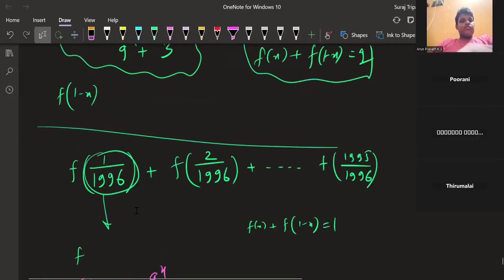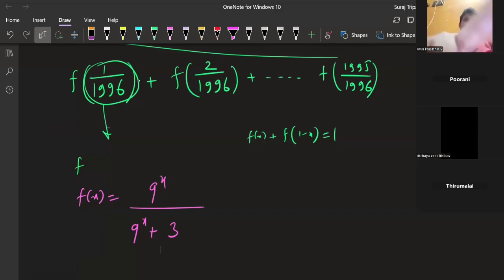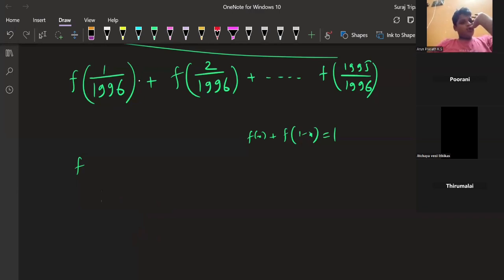Just check that photo and see the question number 7. So question number 7 is to find the value of this type of expression, f of 1 upon 1996, like this one. If any expression is following f of x plus f of 1 minus x, then the value of that addition will be 1. We need to check which one is f of x and which one is f of 1 minus x.